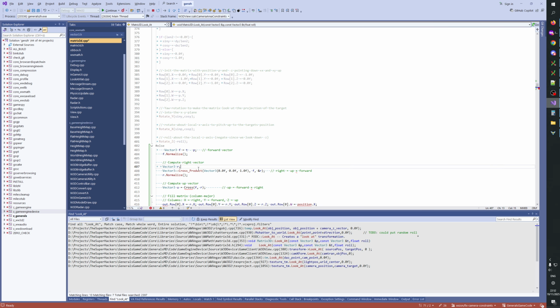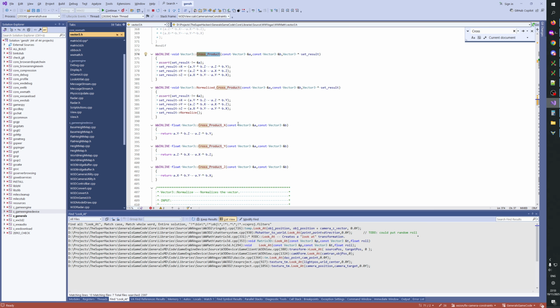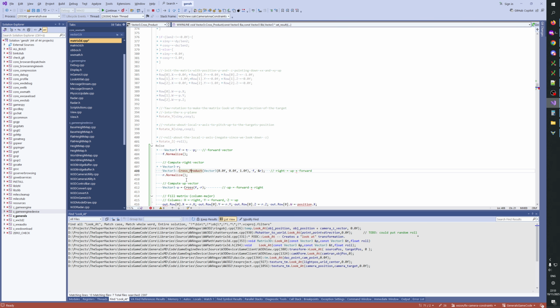Our normalized cross product is the same. Normalized cross products.